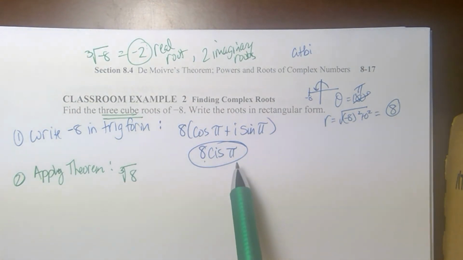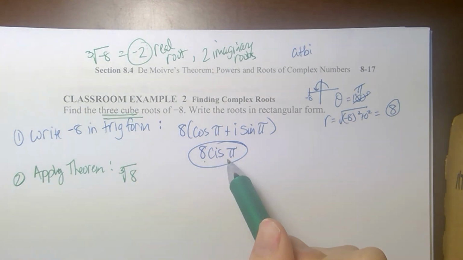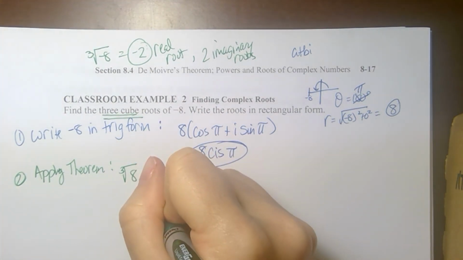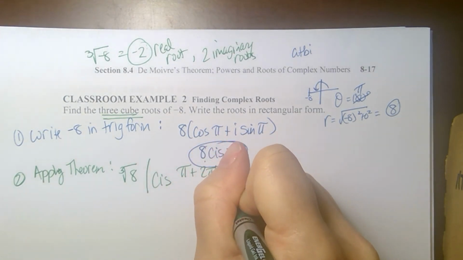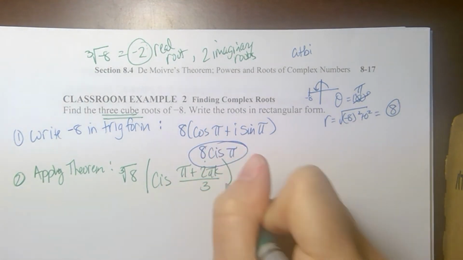And then I divide everything else by 3, by that index. Now, I've got pi. Cosine and sine are both periodic over 2 pi. So I have times cis of pi plus 2 pi k, every rotation thereof, divided by 3.